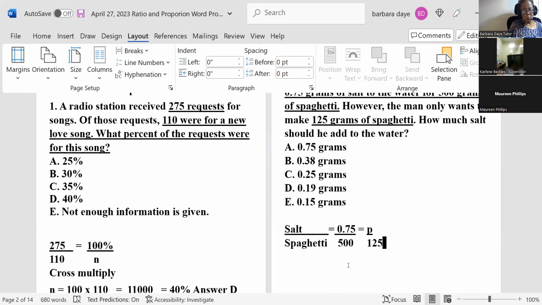And then we're going to multiply 125 by 0.75. That's 1875. Then multiplied by 0.07 by 125.